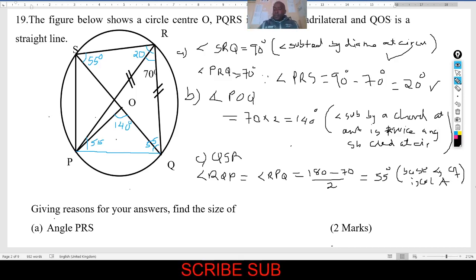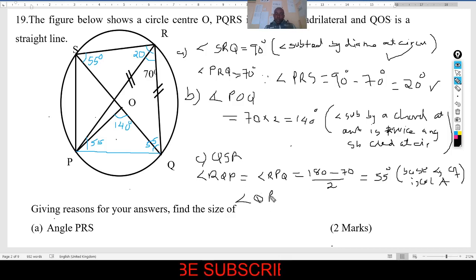Then from there you move ahead and give more explanation that the chord RQ subtends this angle. So angle RPQ is the same as QPR.